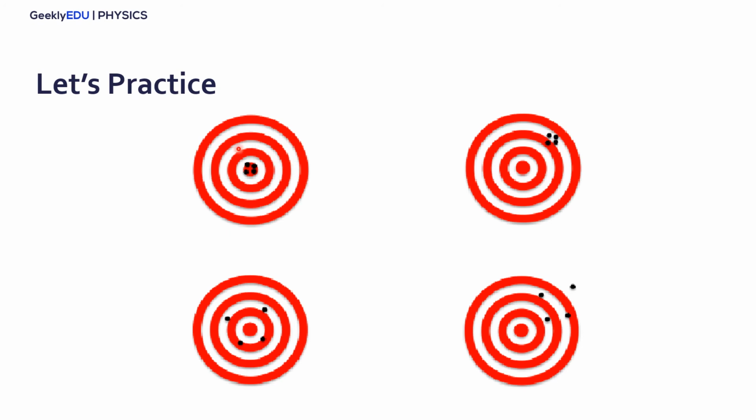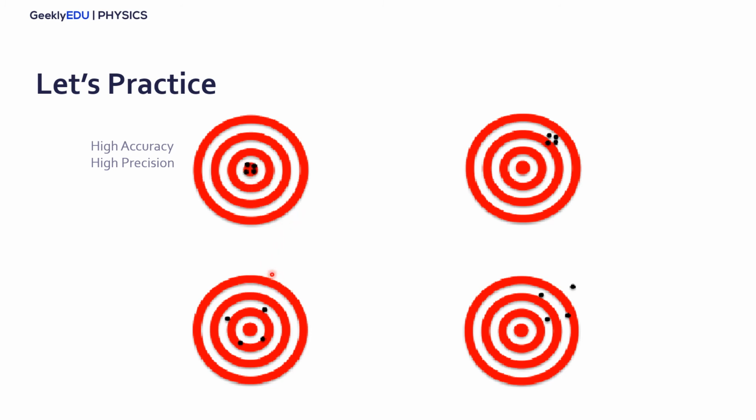We can see that the shots are all in the center and they're really close to each other. So it means the shooter has a high accuracy and high precision, right? That's because they're all very close to the center, and high precision because all the 4 shots are very close to each other.